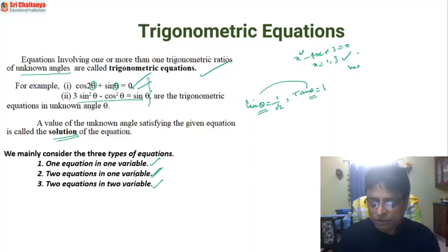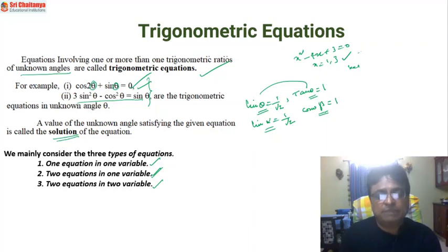And coming to the third one, two equations in two variables. Suppose sin alpha is equal to 1 by root 2 and cosecant beta is equal to 1. These are two equations, and two variables alpha and beta are there. These are just three types, and several other models may also be there.